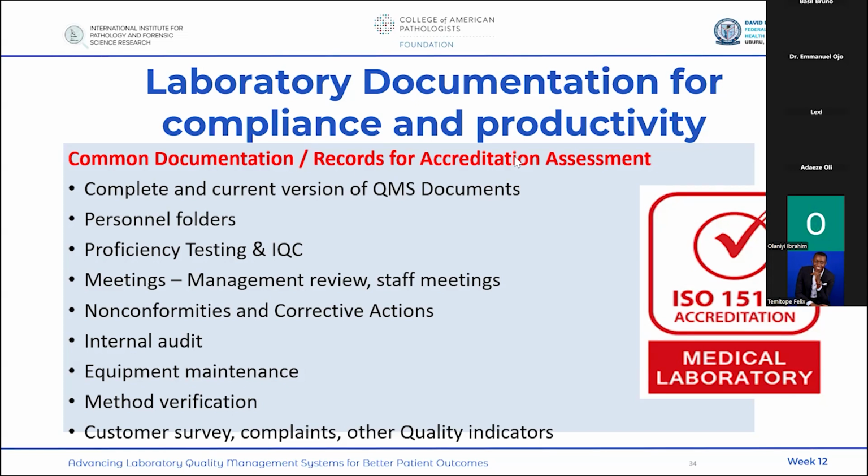Non-conformities and corrective actions, including root cause analysis, records of internal audits, maintenance records, verification records, customer survey, complaints, and other quality indicators. All of these are required at minimum for accreditation assessment.